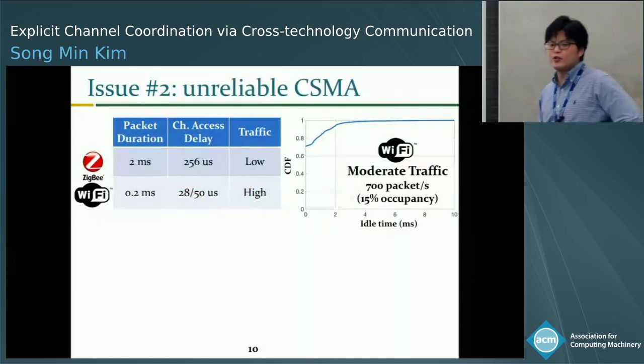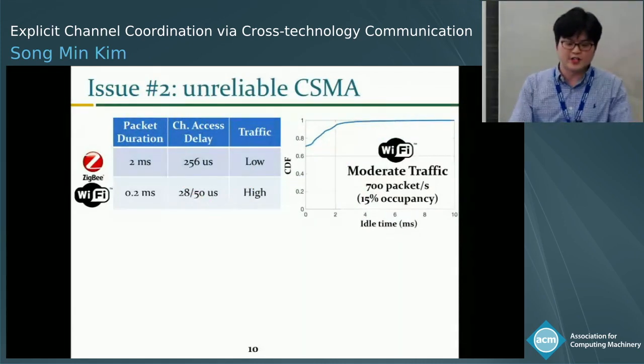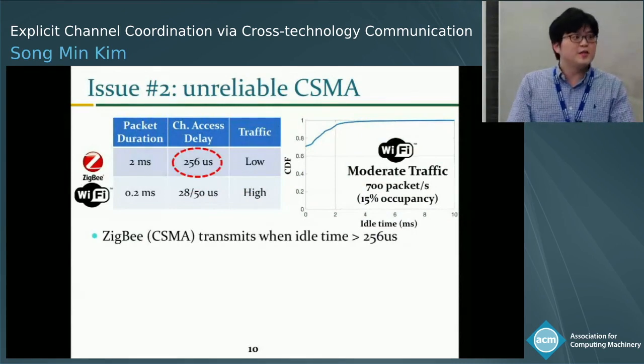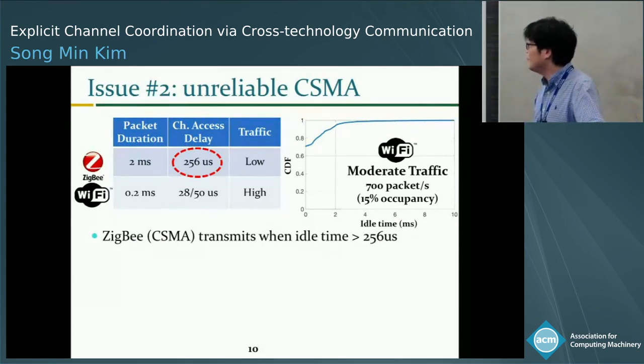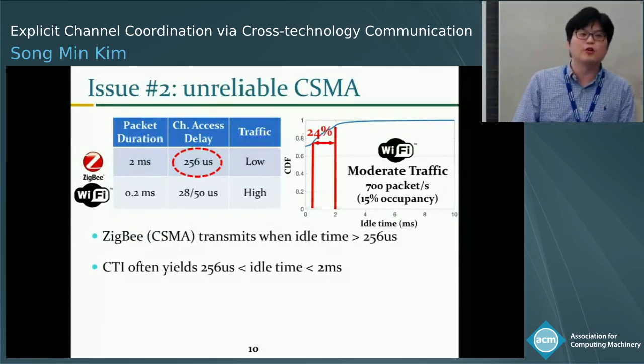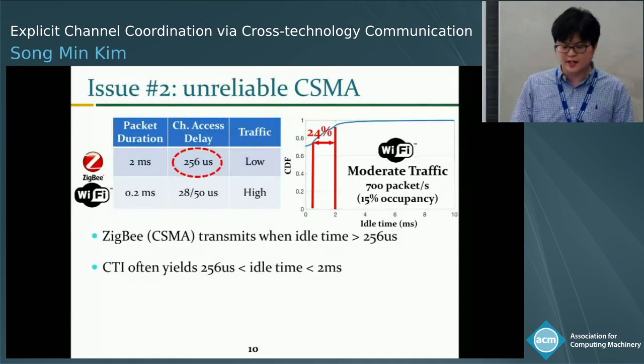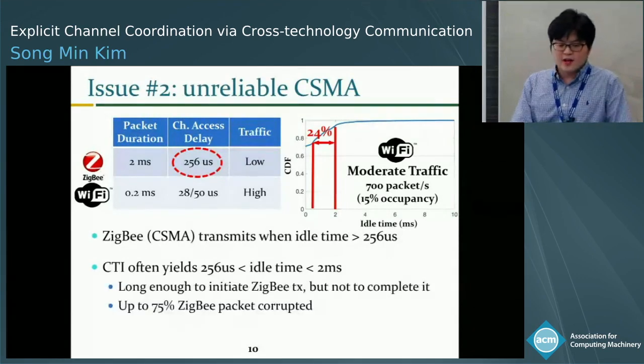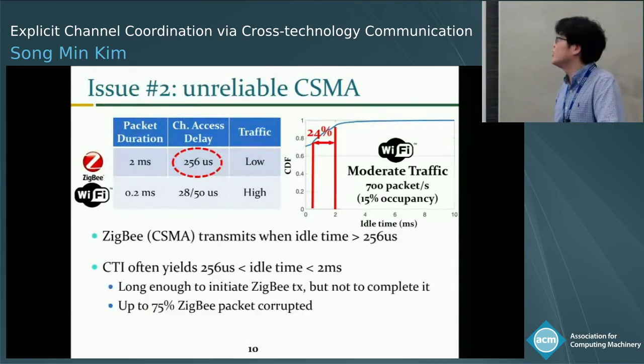Now, the second issue is unreliable CSMA. ZigBee CSMA transmits when idle time is longer than 256 microseconds, which is called CCA. However, CTI often yields idle time between 256 microseconds and 2 milliseconds, which indicates the idle time is long enough to initiate ZigBee packets, but not to complete them.